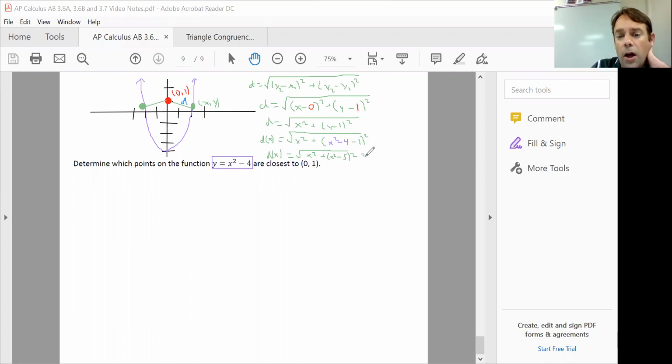So I am going to combine this a little bit to make it easier on myself. So I have x squared plus x to the 4th plus 10x squared, minus 10x squared, excuse me.